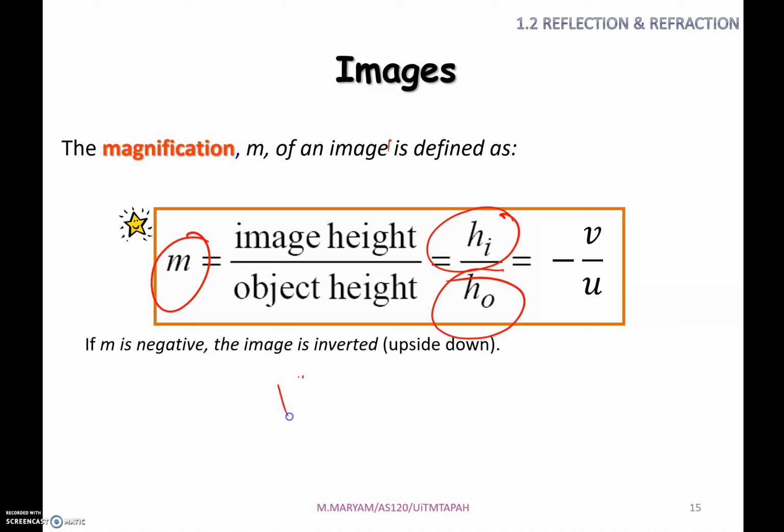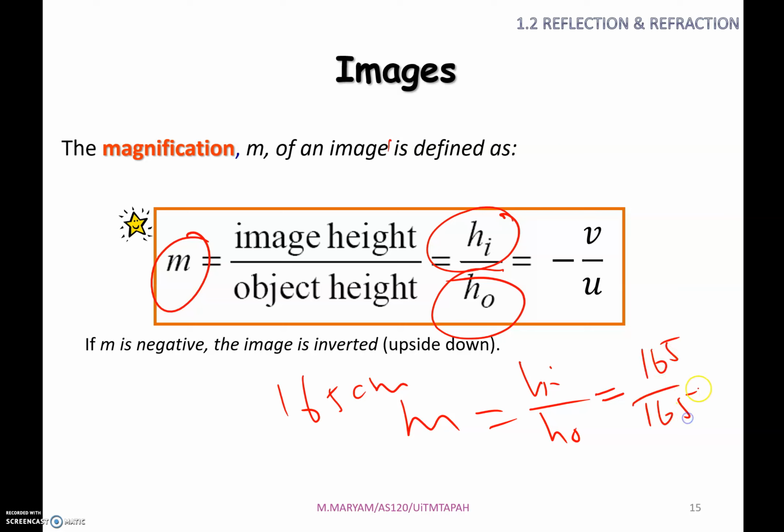So if I am 165 centimeters tall, standing in front of a plane mirror, supposedly my image would also have the same height. So let me calculate: HI over HO, so my magnification will be 165 divided by 165. This will give me 1 time, meaning the image is the same size.